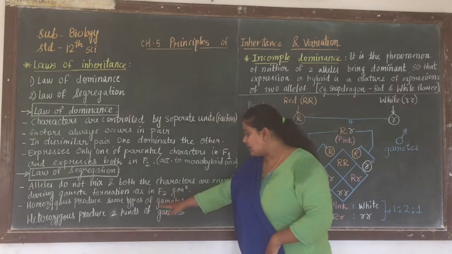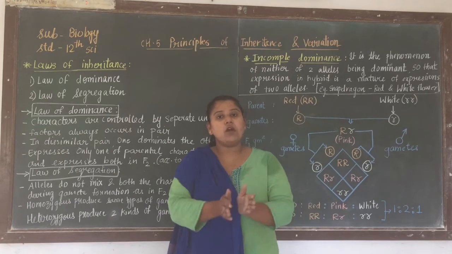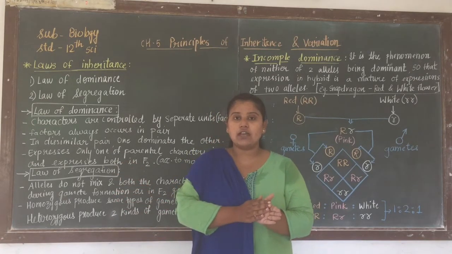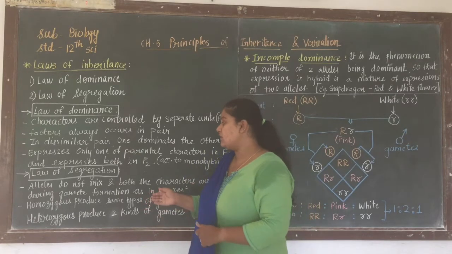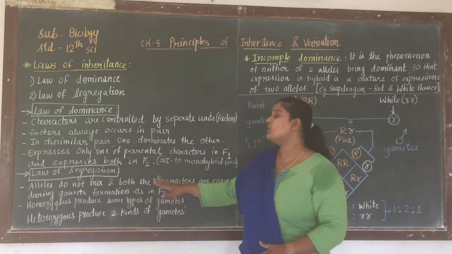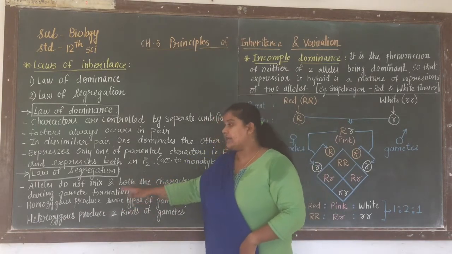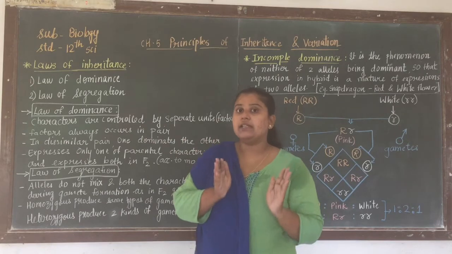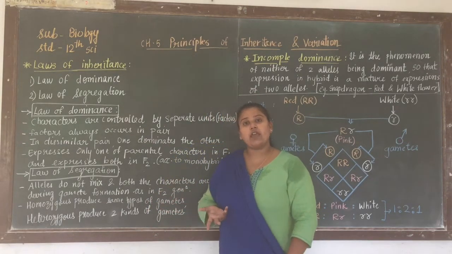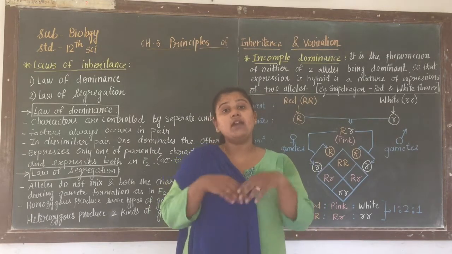Homozygous produce the same type of gametes and heterozygous produce two kinds of gametes. We have already seen these two terms in detail in the previous video, when we saw the test cross. Homozygous means the same kind. If the alleles are homozygous, it is going to produce the same kind of gametes, as both of the alleles present in the pair are the same.